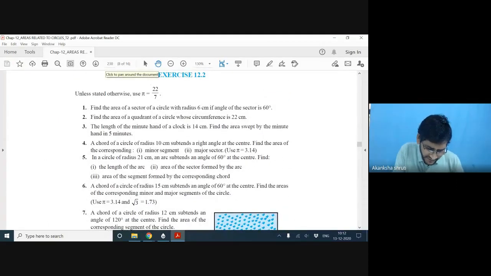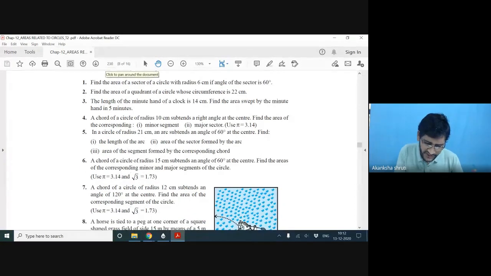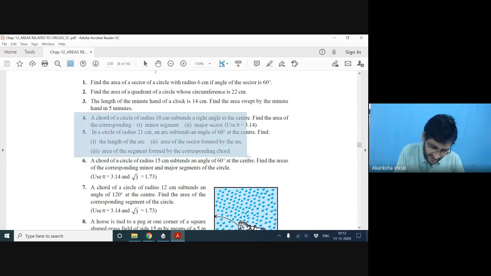See, a chord of a circle of radius 10 centimeters subtends a right angle at the center. Find the area corresponding to the minor segment and major segment. See, questions number 4, 5, all these things are very easy. Up to 3 we had already done. I had given you the clock question, you need to do it.